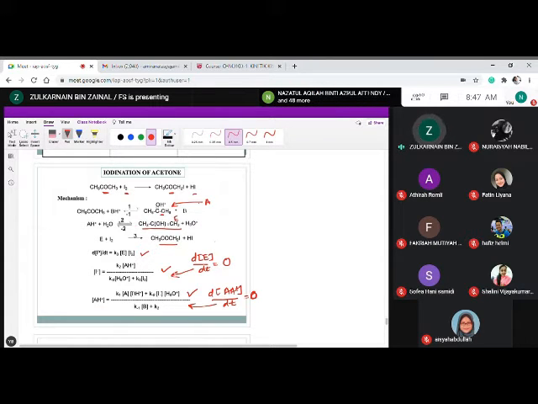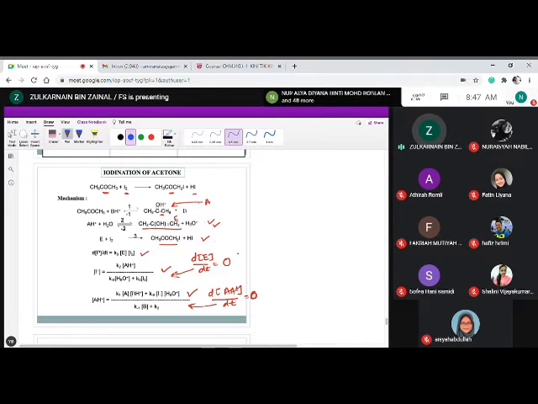One is the forward reaction of this one. The second is the backward reaction of this. And the other one is this one, the rate of consumption of E to form the product. So there are three steps which involve E.